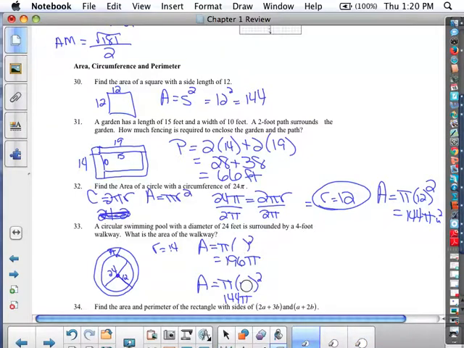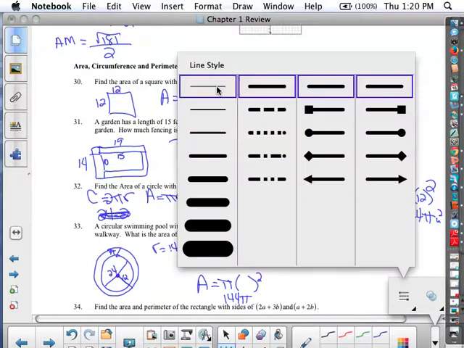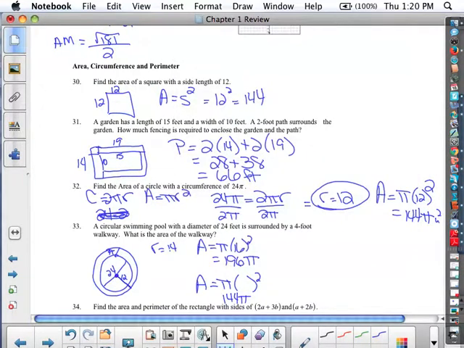This should have been 16, and that one really was 12. So this should have been 16 because I have to add 4 onto 12. Gives me 256 pi. And this is 12, which is 144 pi. And then you'll subtract those. So 256 pi minus 144 pi should give me an area of 112 pi. You can leave that in terms of pi. You don't have to multiply that through.